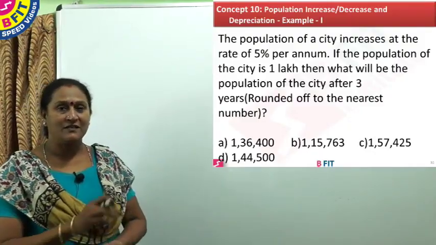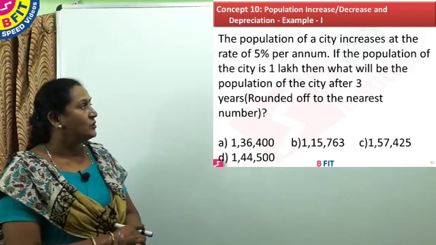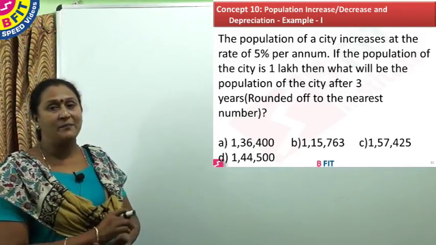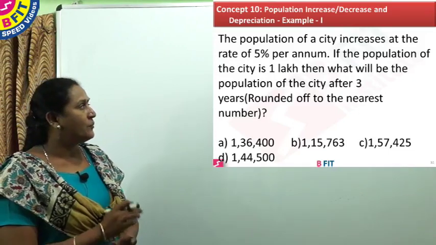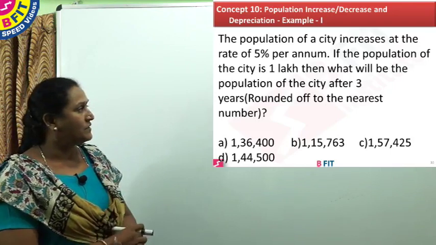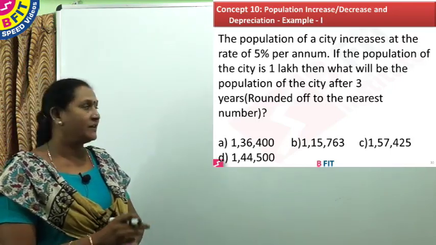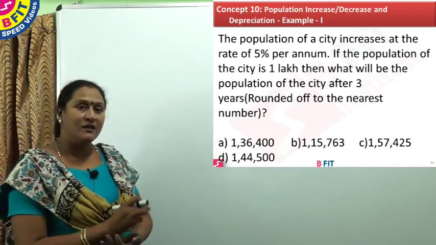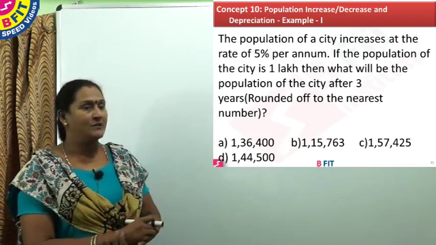We'll see the first example, and the question is: population of a city increases at the rate of 5% per annum. If the population of the city is 1 lakh, then what will be the population of the city after 3 years, rounded off to the nearest number? Here the initial population value is 1 lakh.